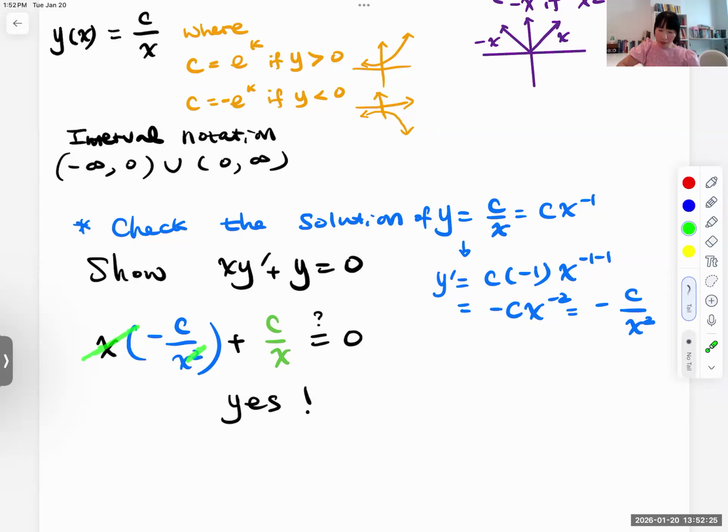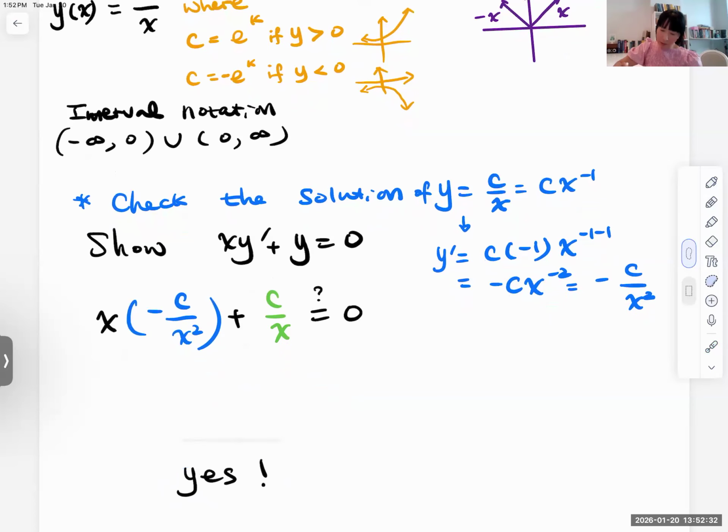We can simplify. We can see the negative c over x plus c over x equal to 0. Yeah, so that is the general solution.